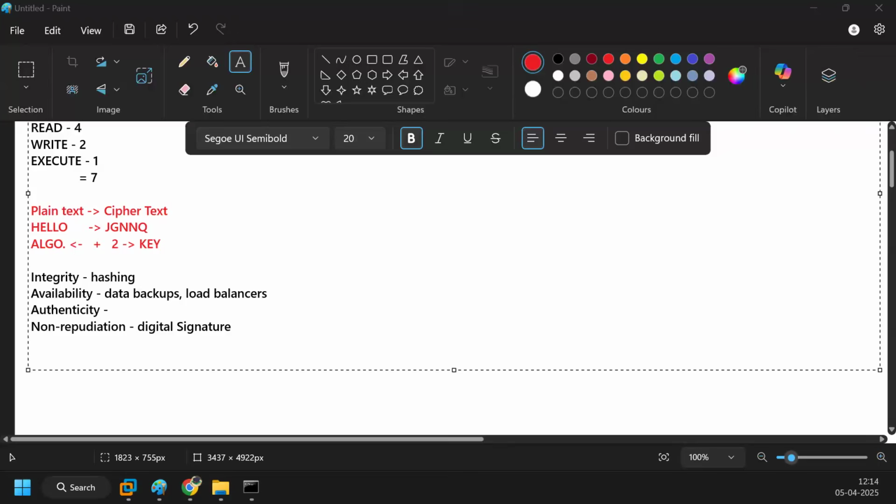Whenever we are accessing any site, how do you confirm that it is a genuine site? Any guess? There is a lock sign on the address bar and it is HTTPS, so we make sure that it's secure.